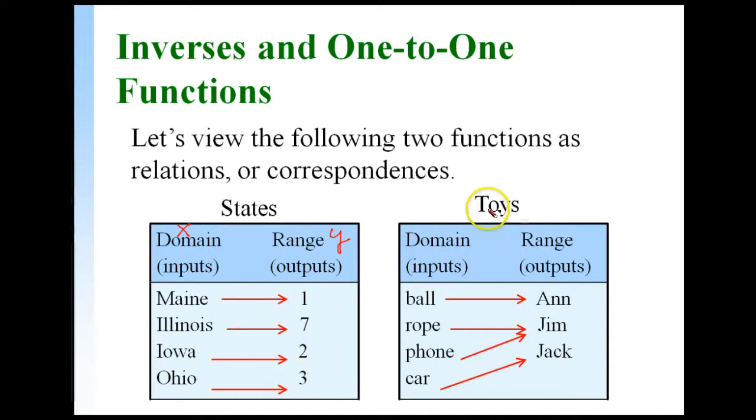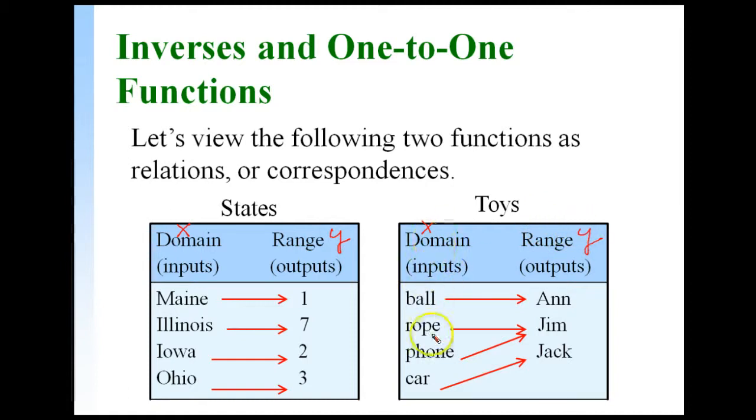Now, when we go to toys, we get a ball and rope, Jim, phone, Jim, car, jack. Now notice here from the domains, there's an x and a range y.